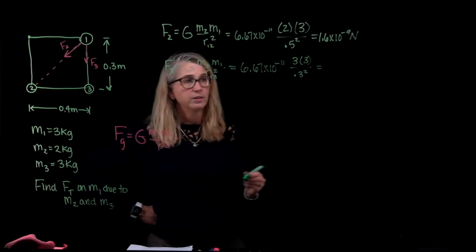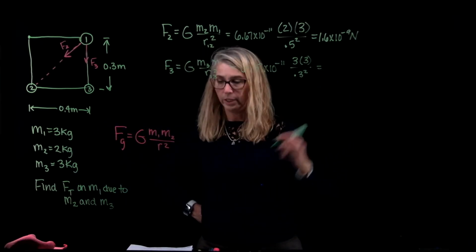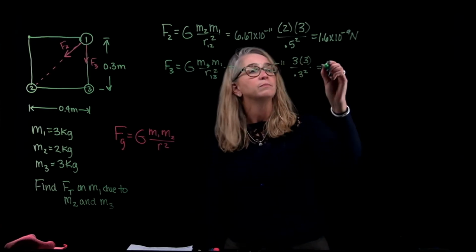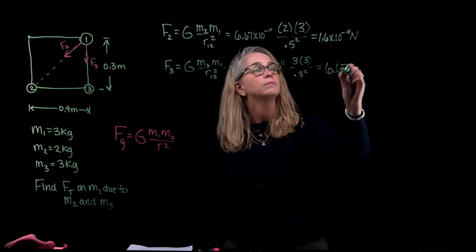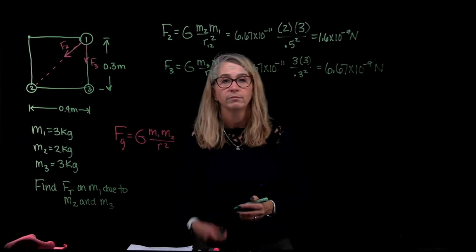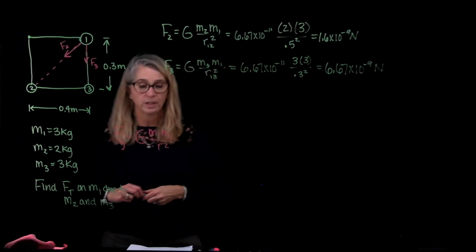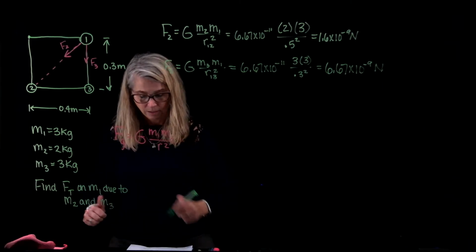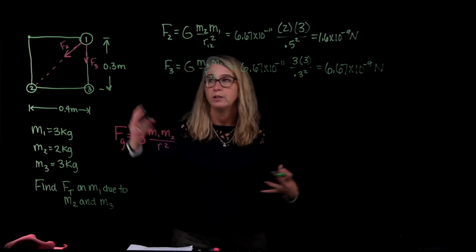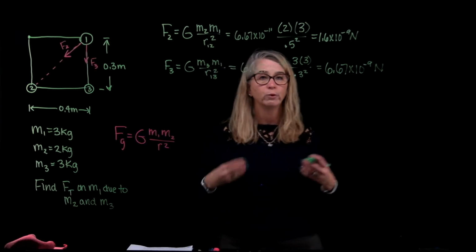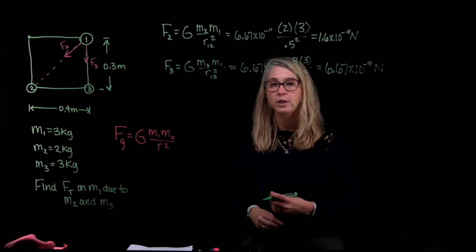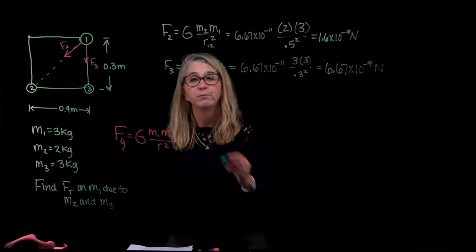And we find that this is going to be bigger because the masses are bigger and the distance is smaller. So that's 6.67 times 10 to the minus 9 newtons. Then we have a picture of what direction the forces are acting in, and we have their magnitudes. Now I have to add vectors.